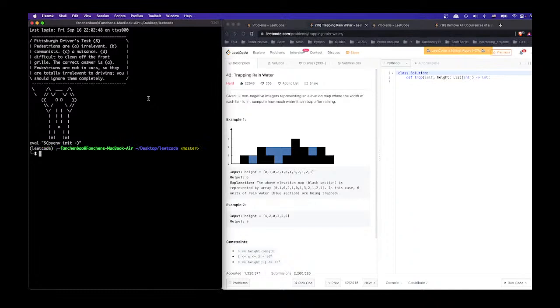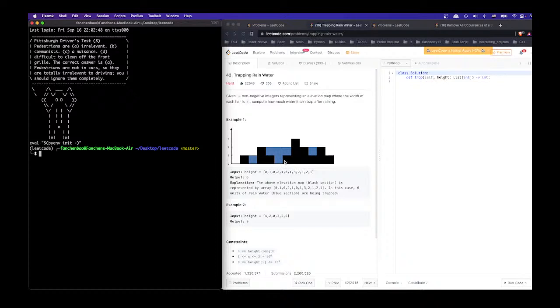So let's just see. I remember it is a monotonic array, monotonic decreasing. Okay, so if it's decreasing, and then whenever we find something that's higher than... because monotonic decrease. No, it's monotonic increasing. So every time we find something that's smaller, we'll append until something bigger comes.